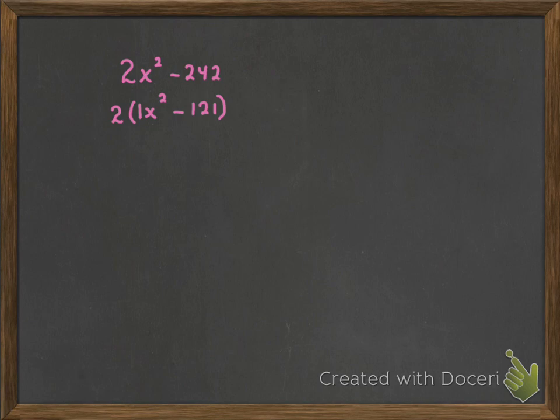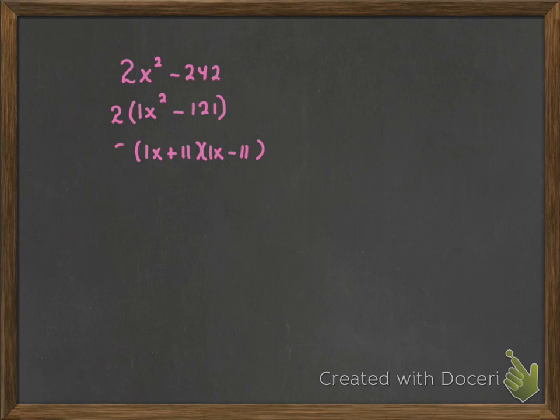So that is the difference of perfect squares. So I will factor two sets of parentheses, a 1 in each leading position, an x right next to it. One is a plus, one is a minus. The square root of 121 is 11, so I put an 11 in each parentheses also.